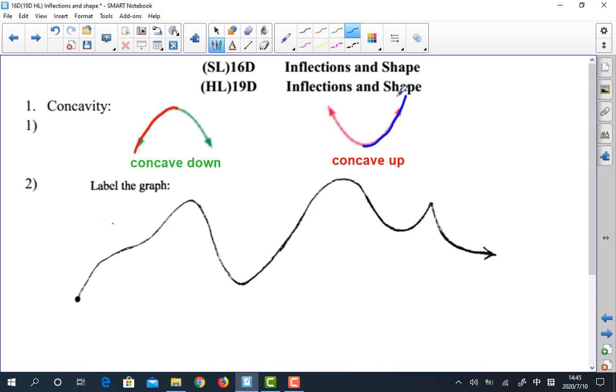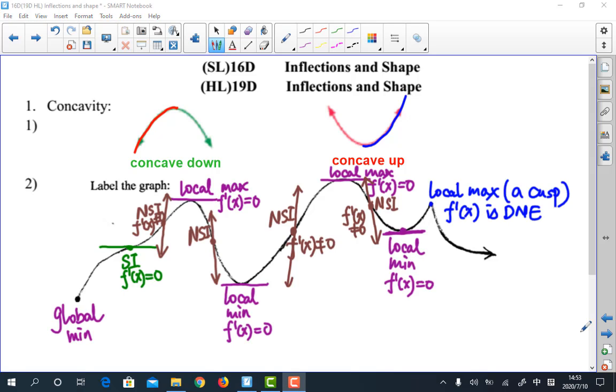In the last lesson, we also labeled this curve with global minimum, local maximum, local minimum, stationary inflection, and a non-stationary inflection. So you should have a whole picture now of what point can be a global minimum, what point can be a local maximum, and what point can be a local minimum.